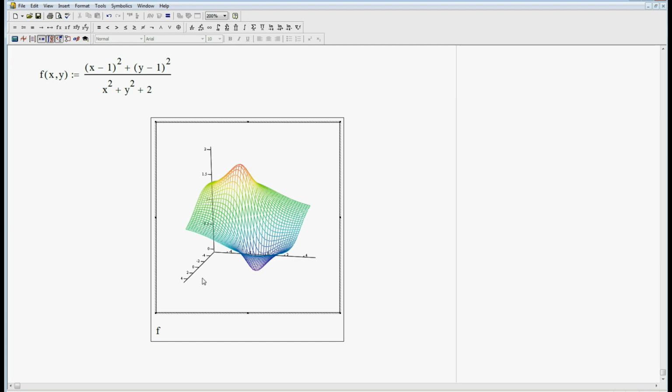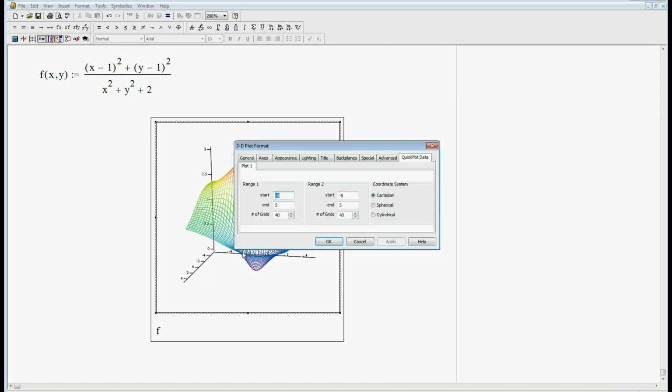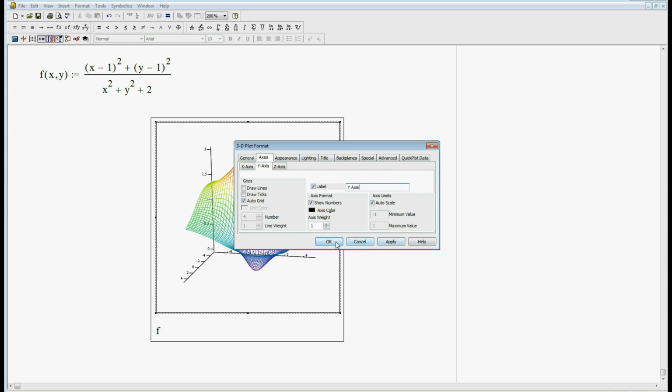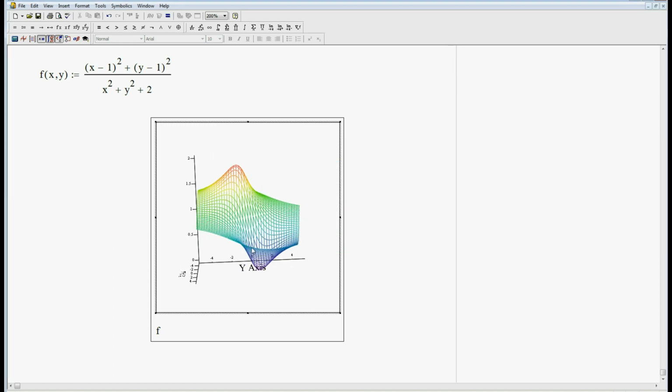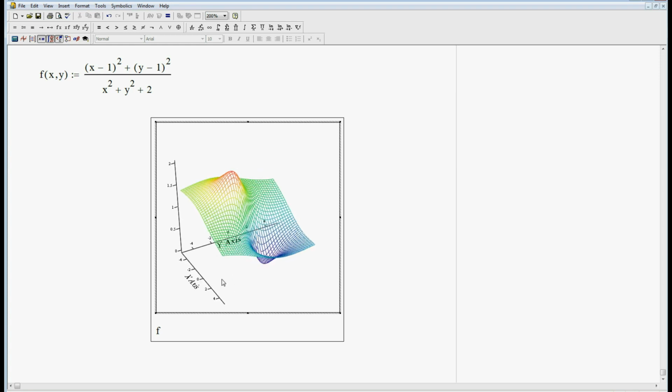And about the only thing I don't know right now is which one of those is x and which one of those is y. So I can just turn those labels on here. And there, now I even know which one is which. Okay, so that's now a 3D plot, 2 independent variables and 1 dependent variable.